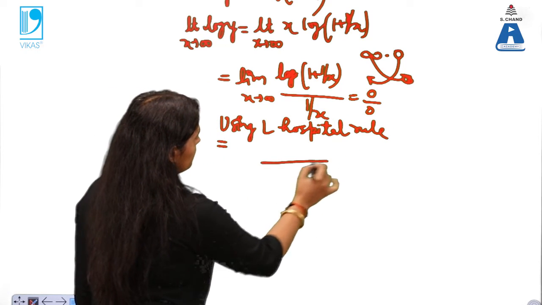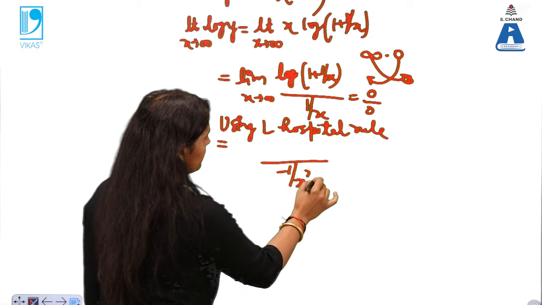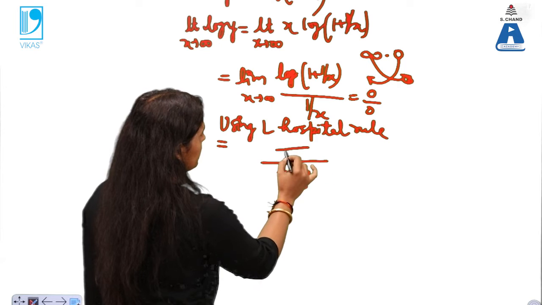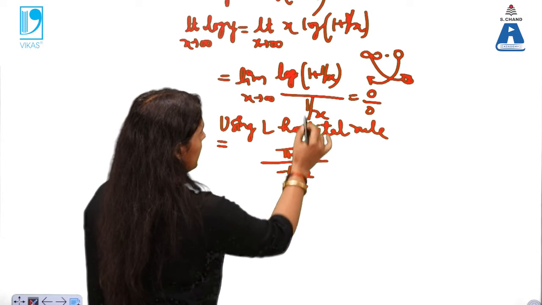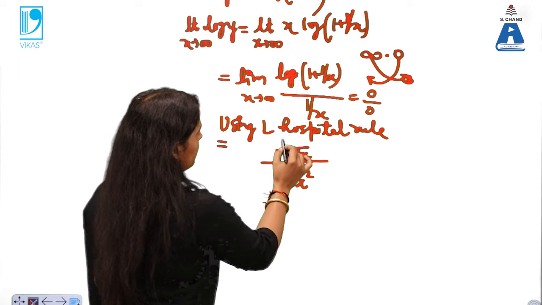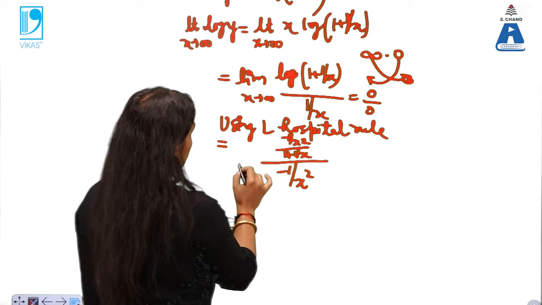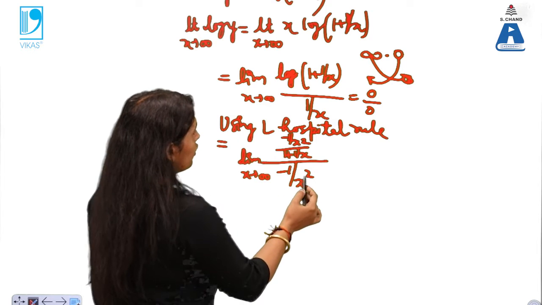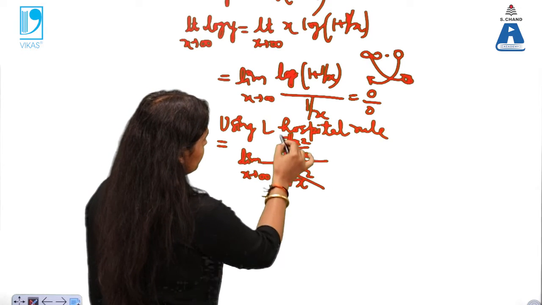apply. So the denominator derivative is minus 1 by x square, and the numerator derivative is, of 1 plus 1 by x, 1 derivative is 0, 1 by x derivative is minus 1 by x square. So limit x tending to infinity, this gets cancelled.